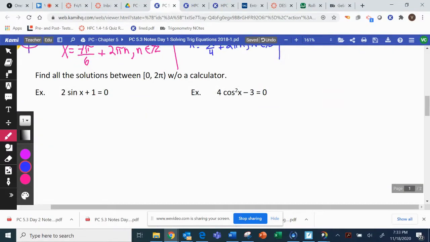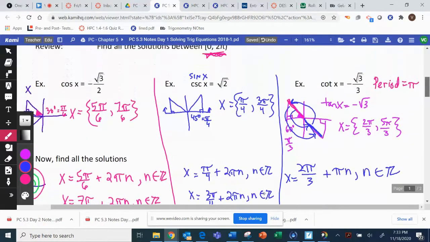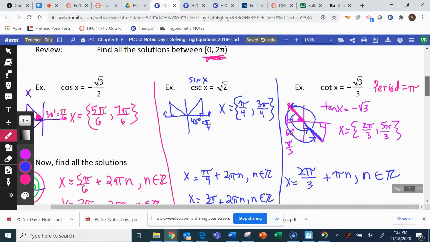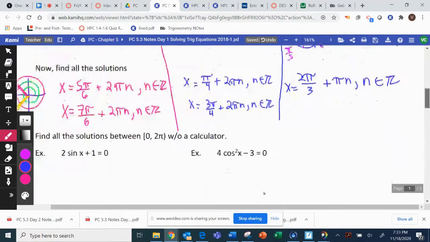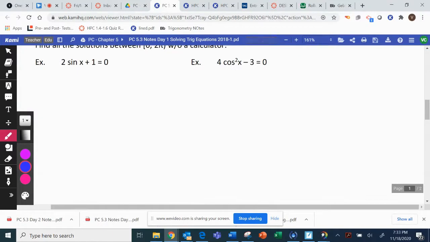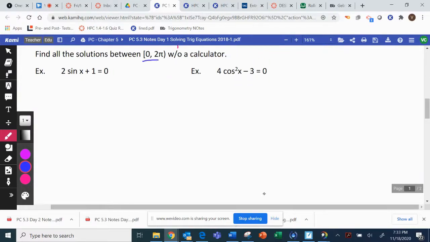Now these, we're just going to solve the equation here. It's already solved with the exception of getting rid of cosine or cosecant. Here we're going to get the sine by itself and then do the inverse. The directions say between 0 and 2 pi without a calculator. So I'm going to have 2 sine x equals negative 1.